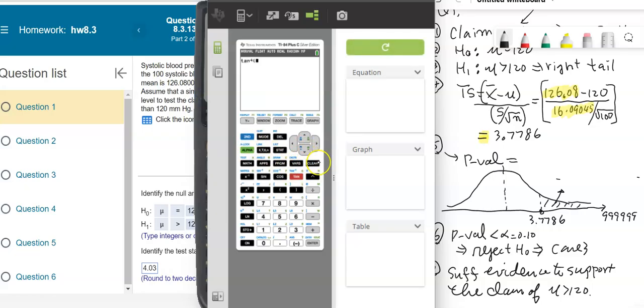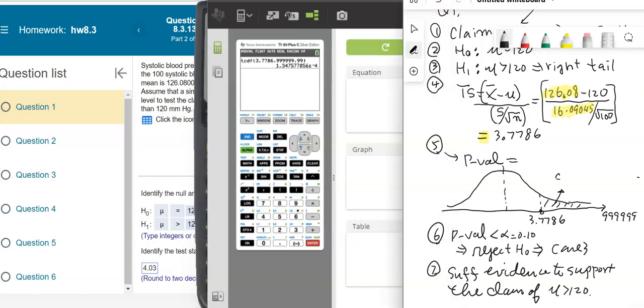second bars, TCDF, and then 3.7786, and then 999, degree of freedom is 99, 100 minus 1. So I have actually 0.0013475.